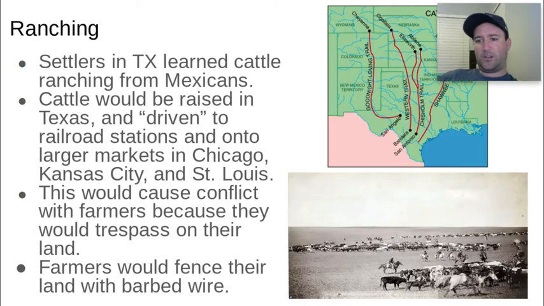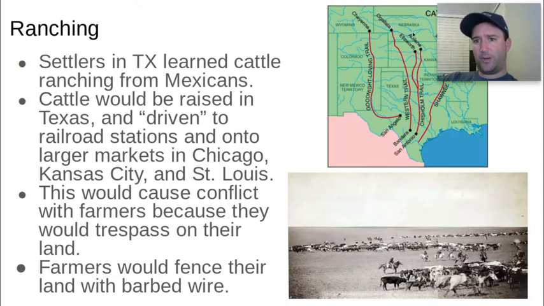And so that's where we started to see these long cattle drives where they would push these cattle and drive them northward up into the railroad stations along the Transcontinental Railroad. So places like Cheyenne, Wyoming, which is my hometown, Ogallala, Nebraska.